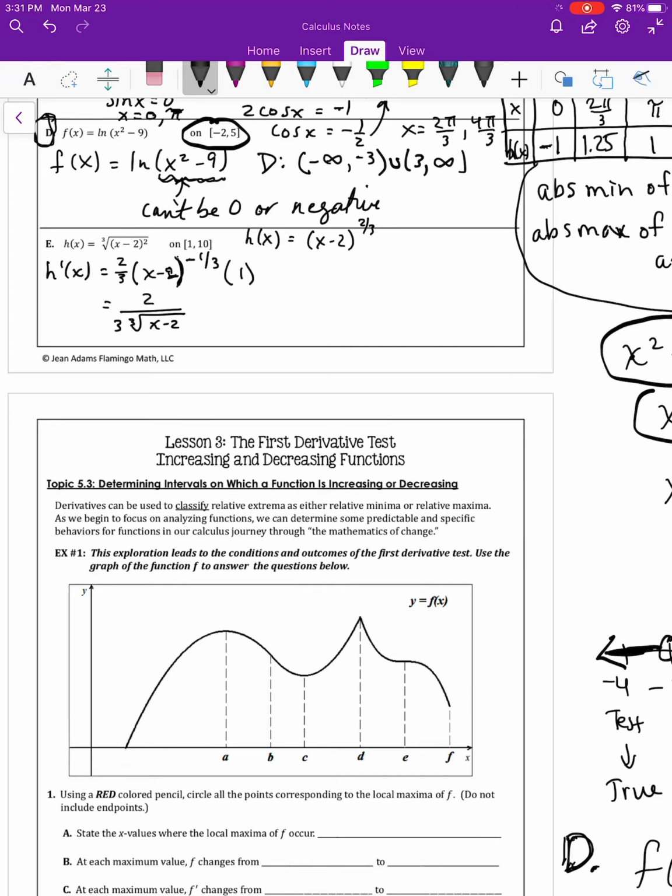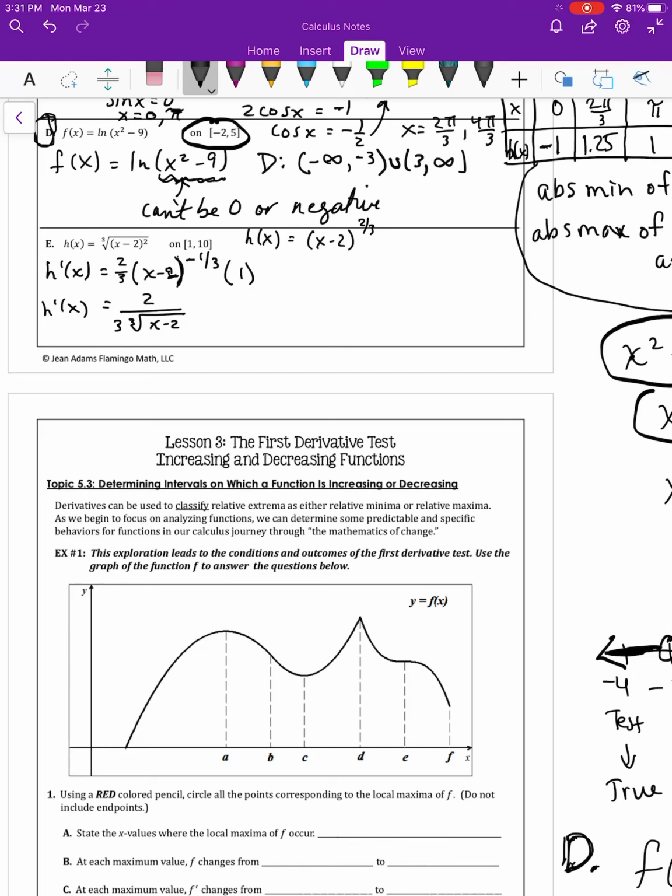So you've got 2 over 3 times the cube root of x minus 2 would be your derivative. And you're looking to see where it would be 0 or where it would be undefined. Remember, way back, we haven't had to use where it's undefined because all the ones that we've had so far were all just defined everywhere, so we didn't have to worry about that.